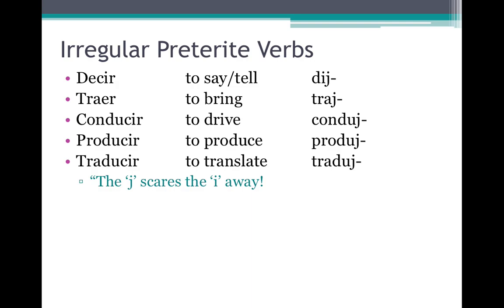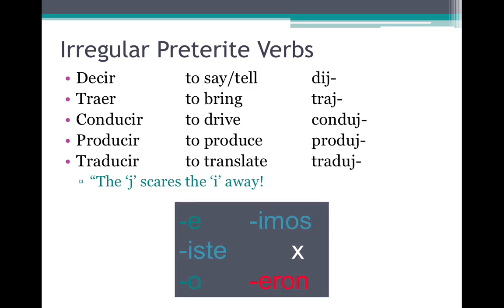It's the same group of endings, but in that third person plural, instead of I-E-R-O-N, it's E-R-O-N. Okay? J scares the I away. We need to change that to yellow or something. Okay. E, iste, o, imos, eron.